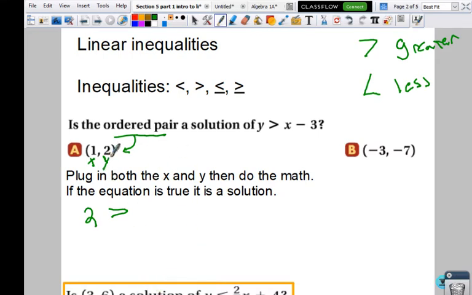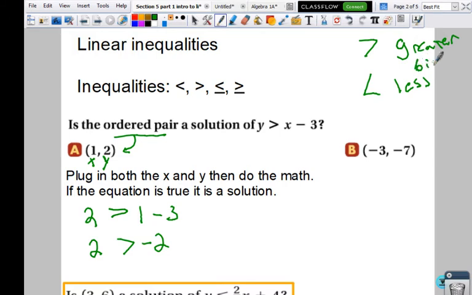Okay. So I plug in 2 for y, and then I'm going to keep going. I'm going to plug in 1 for x, and then I have minus 3. And I'm going to go through and do the math on this. What's 1 minus 3? Negative 2, you did it backwards. So I get 2 is greater than negative 2. Is that true? Is 2 greater than negative 2? Remember, greater than is another word for bigger.